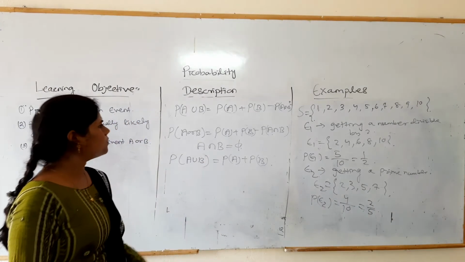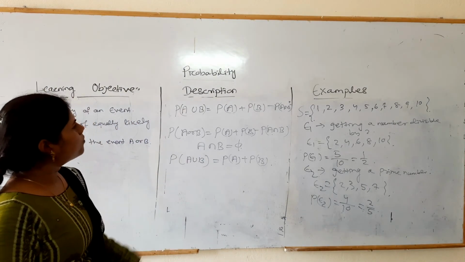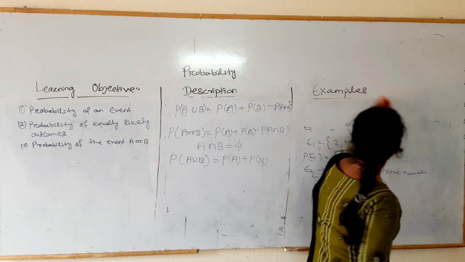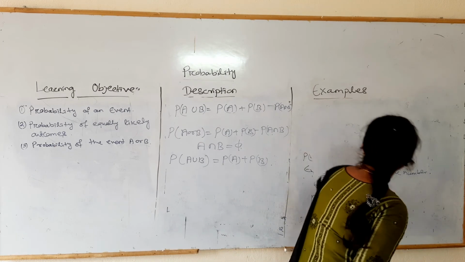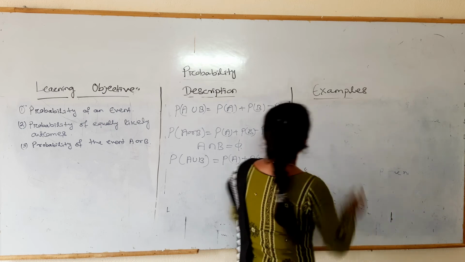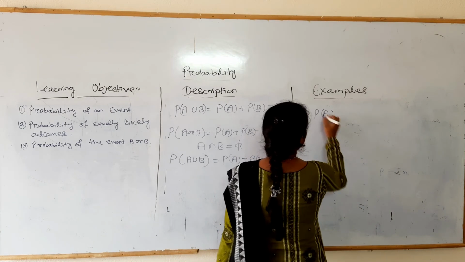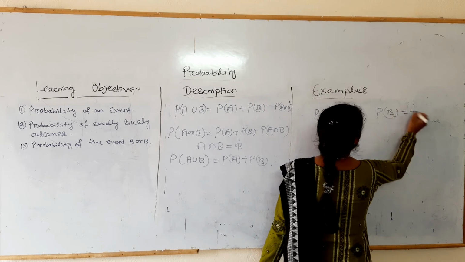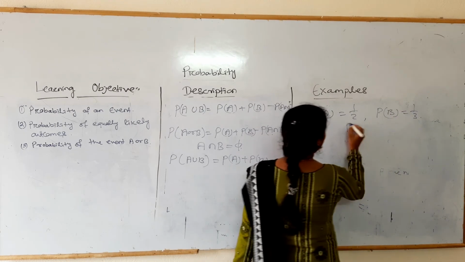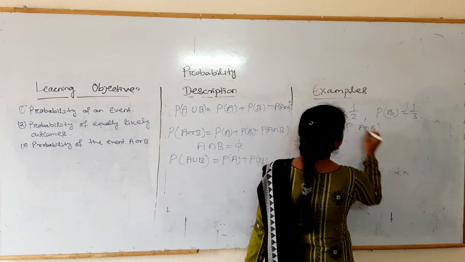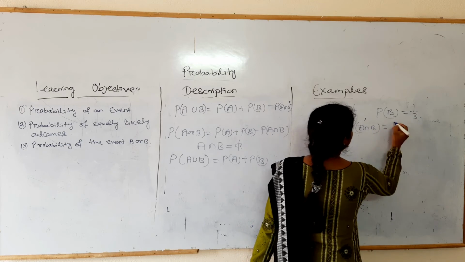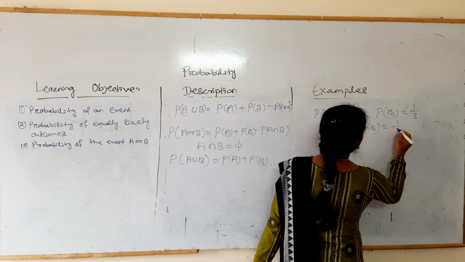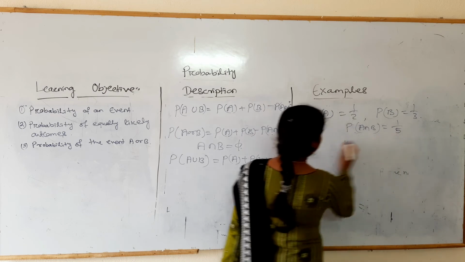So likewise, for example, if we are given in any event the probability of A is equal to 1 by 2 and the probability of B is equal to 1 by 3, and the probability of A intersection B is given as 1 by 5.